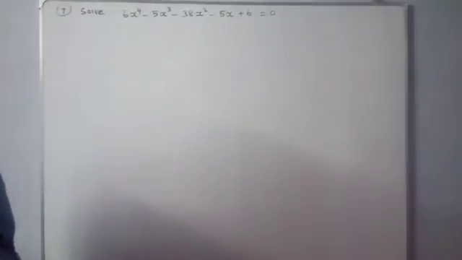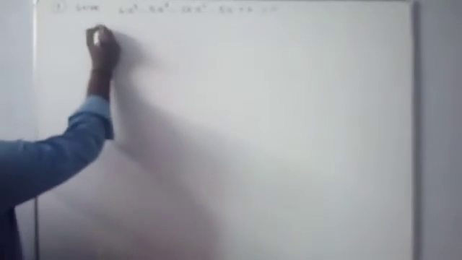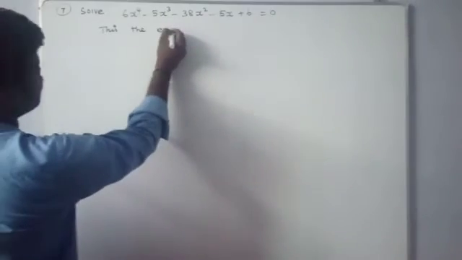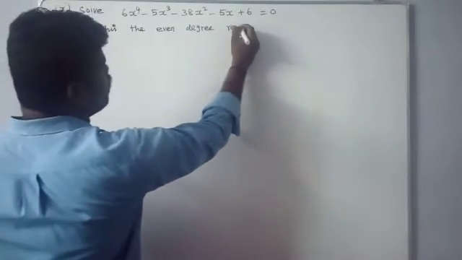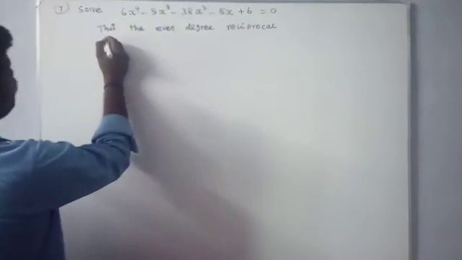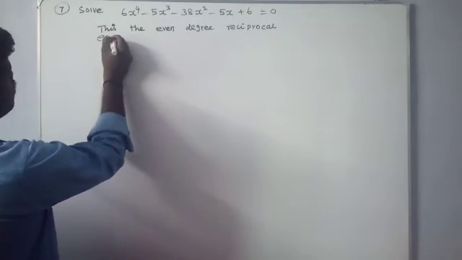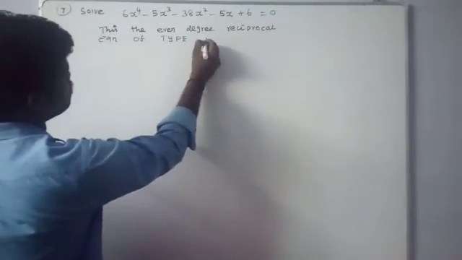So we want to find this. This is a reciprocal equation of type 1, but it is an even degree, so we can write the solution. This is an even degree reciprocal equation of type 1.